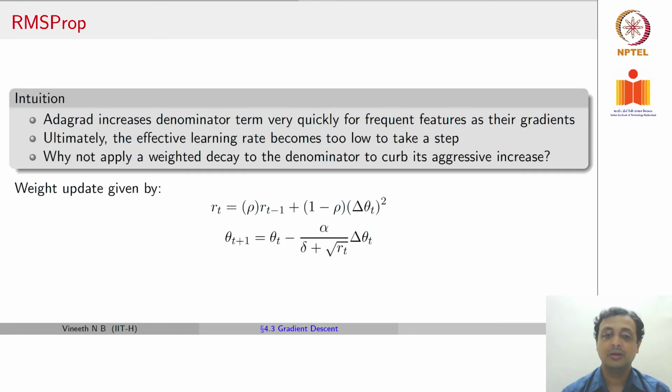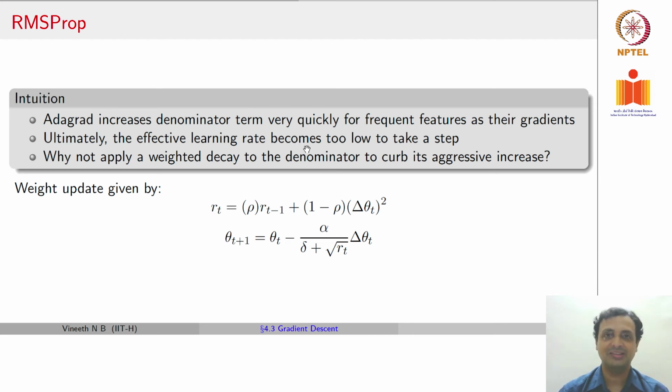In particular, there are some of the weights for which gradients keep occurring in every iteration where the denominator term can very quickly increase. This will lead to a lower learning rate for those dimensions in the weights, and learning may not happen along those directions.